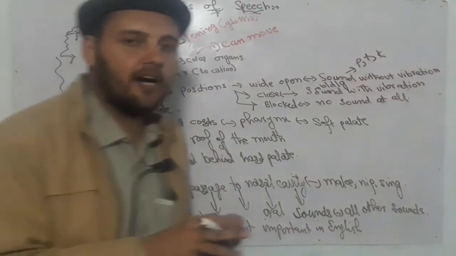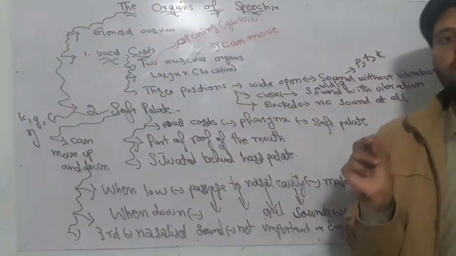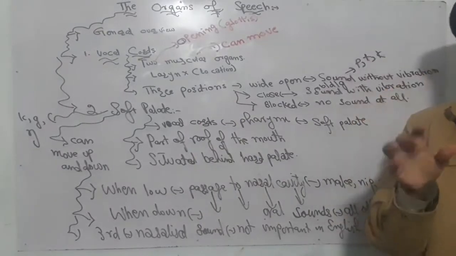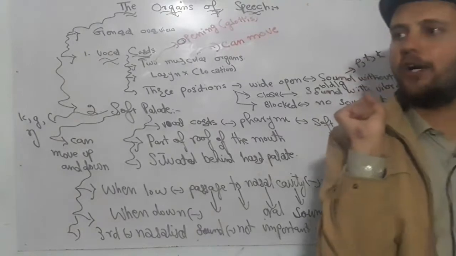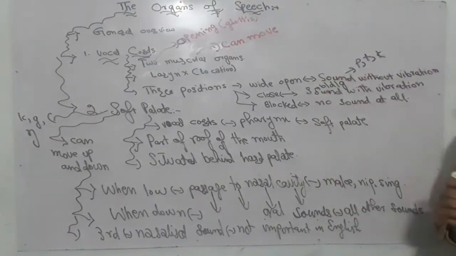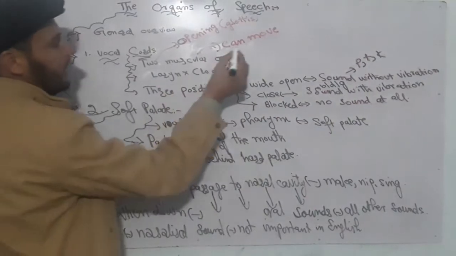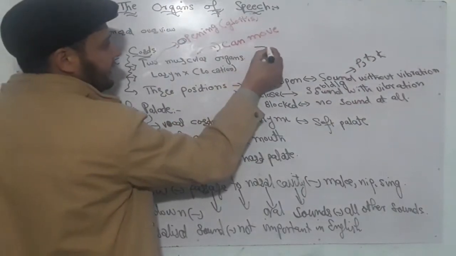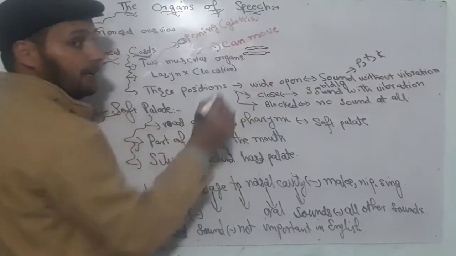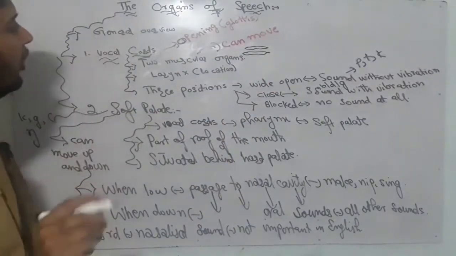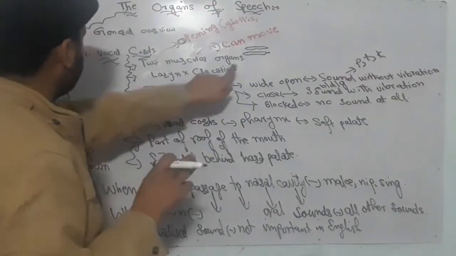Vocal cords are two muscular organs, which are like lips, the way we have lips. I'm very bad at drawing, so obviously you will be using a soft hand with me here.